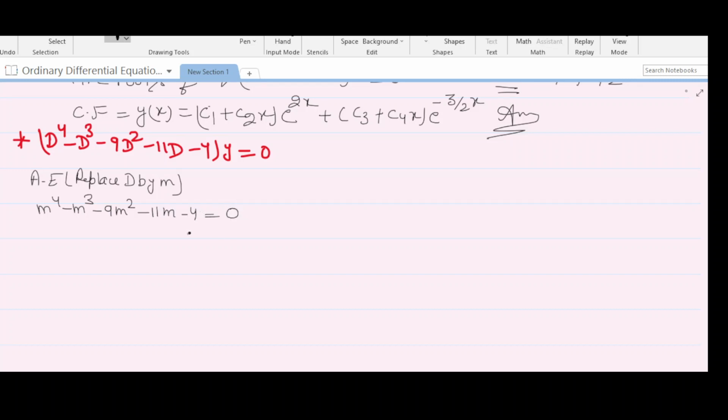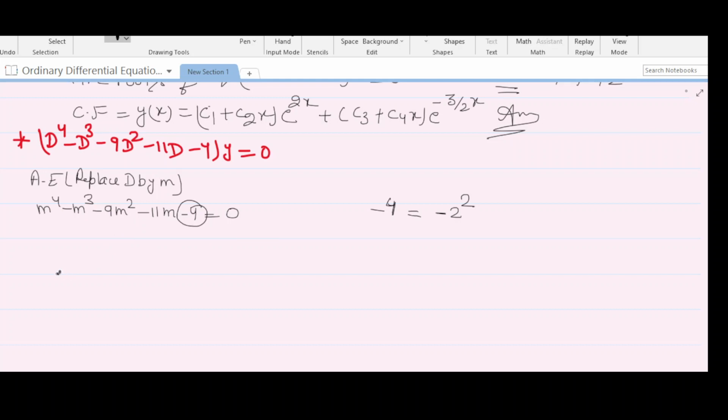Now the above method cannot be applied here. The reason is that 4 is a perfect square of 2, but we have a negative sign before it. So our previous method cannot be applicable.